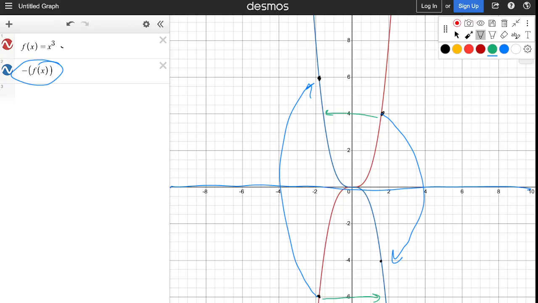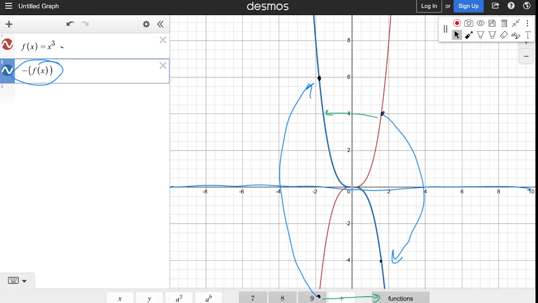So let me graph that one as f of x, actually f of minus x. So we're going to do a reflection from the inside. And notice that green is already there. That's all we had to do.